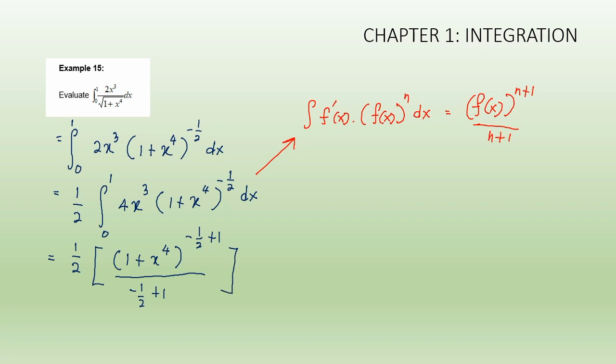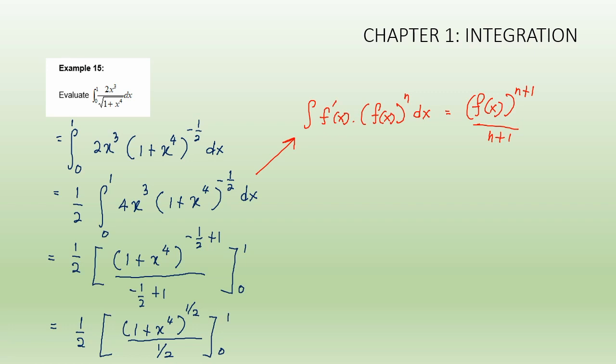For a definite integral, we just ignore the c and we put the limits from 0 to 1. So we simplify this integration. We have 1 over 2, 1 plus x power of 4, power of 1 over 2, divided by 1 over 2, from 0 to 1.